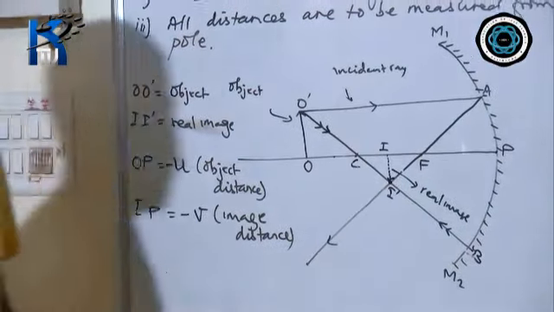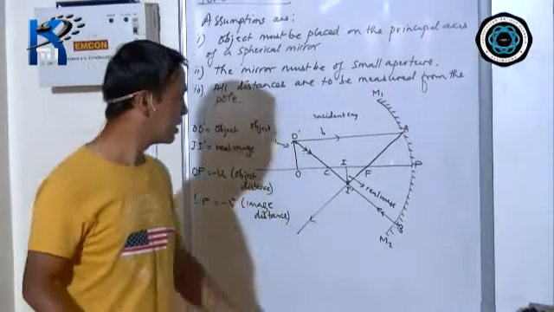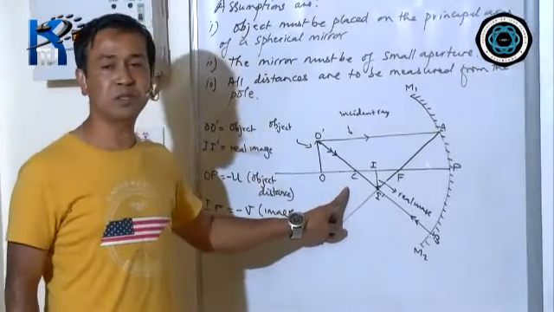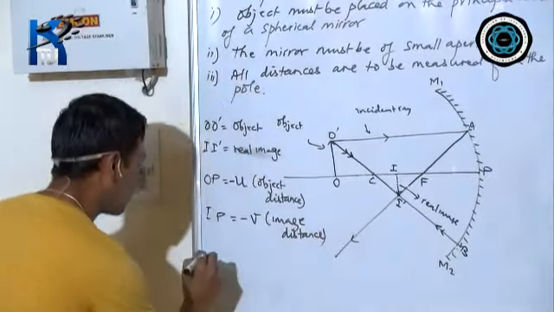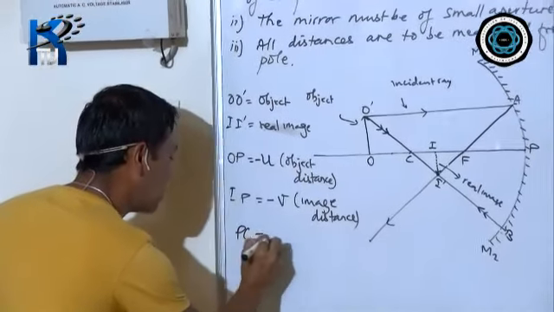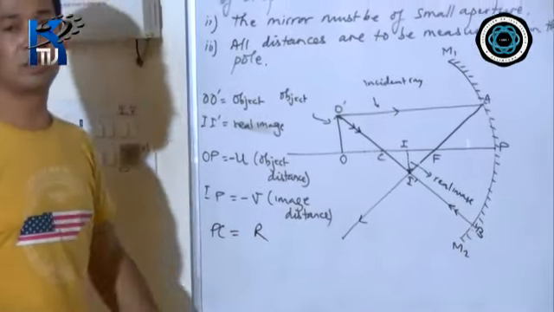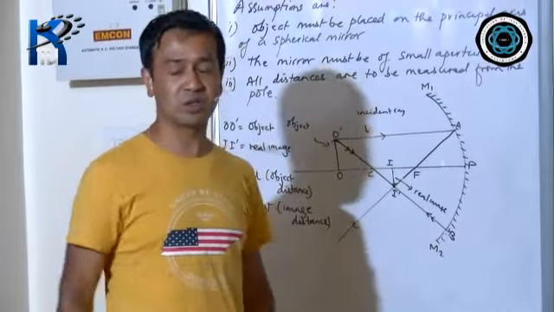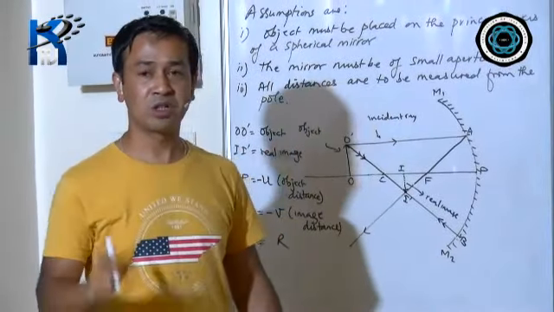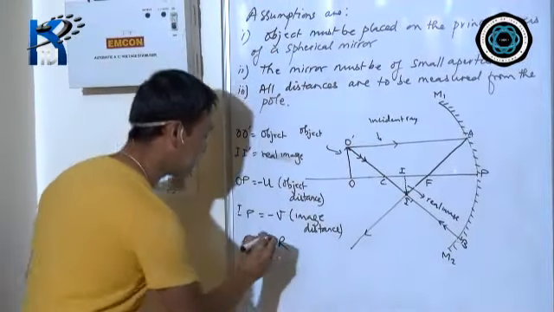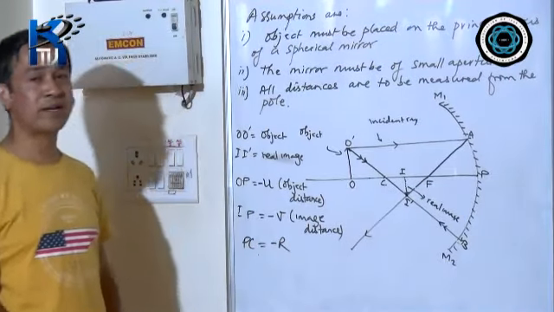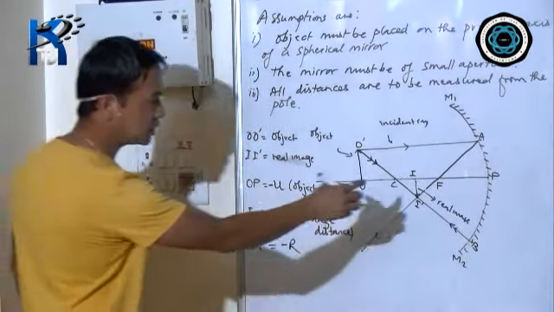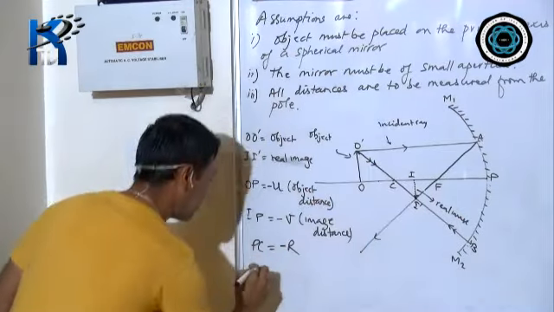But other than this, we have other distances also. Remember it. PC. What is PC? Radius of curvature. Symbol R. We know for a concave mirror, the radius of curvature is always negative. So with sign convention, minus R. Even we have the distance from pole to the focus.